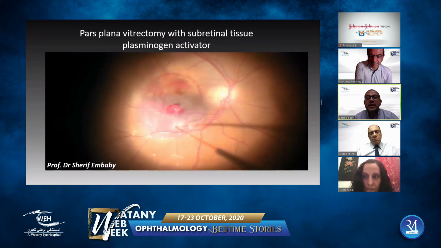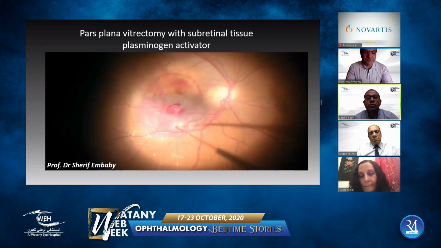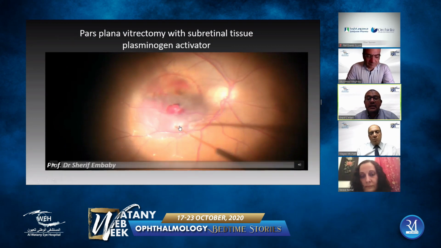But since I suspected that there is a macular hole, I was not operating with an OCT. So I decided also to peel the ILM, so that if there is a macular hole, I would want to close it after the surgery. And I stained the ILM.